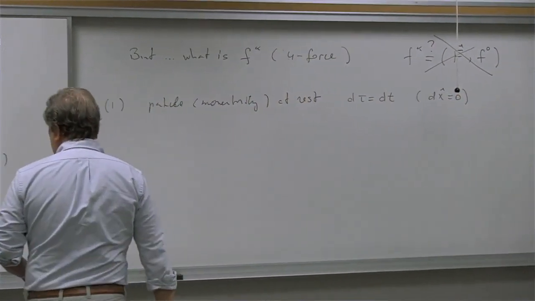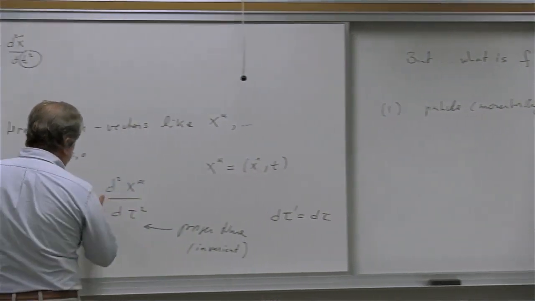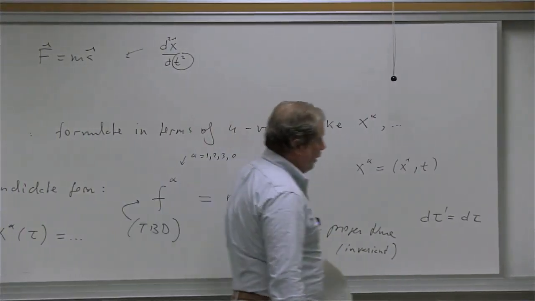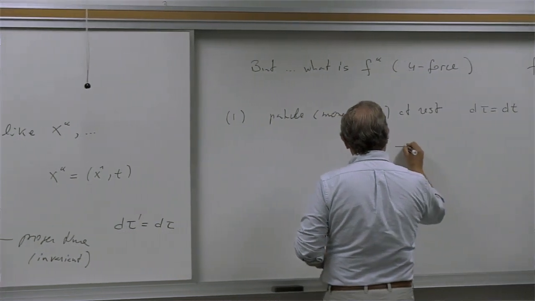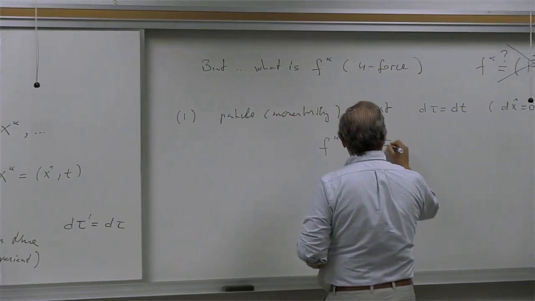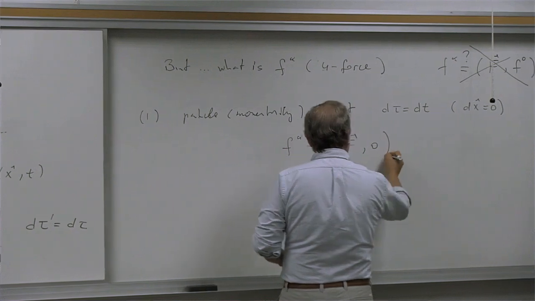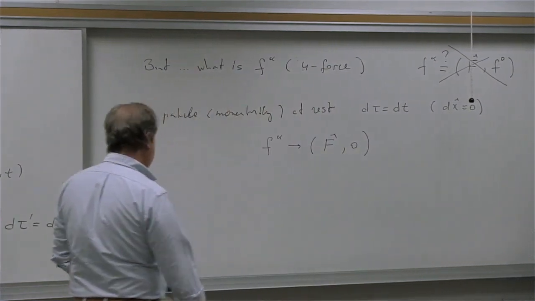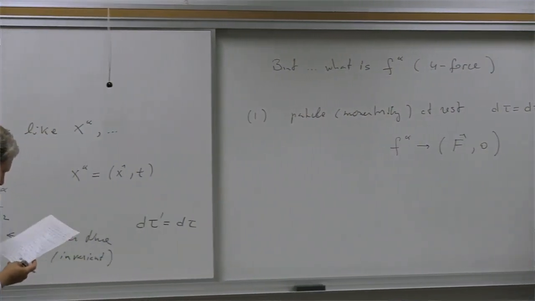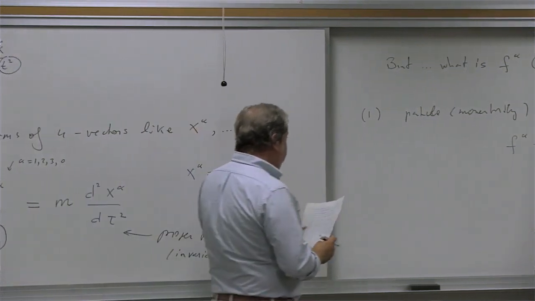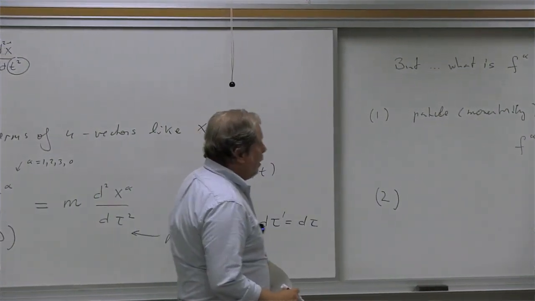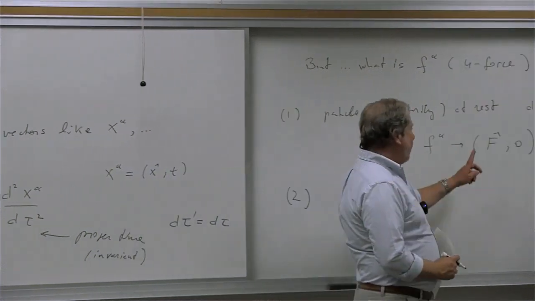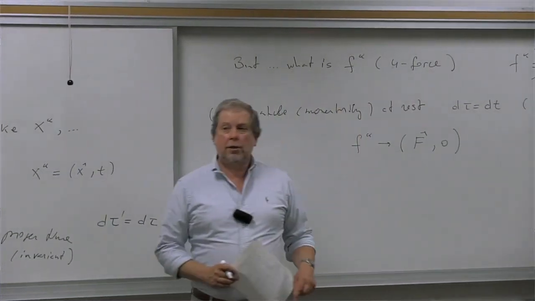And so this second derivative is just the derivative with respect to the ordinary time. So in this case, f alpha goes indeed into f, and we determine that the zeroth component is not there. And so that's one piece.